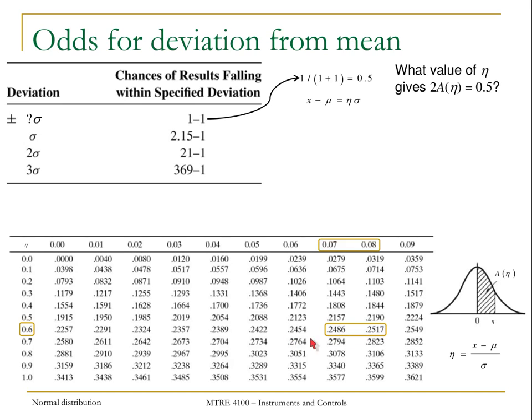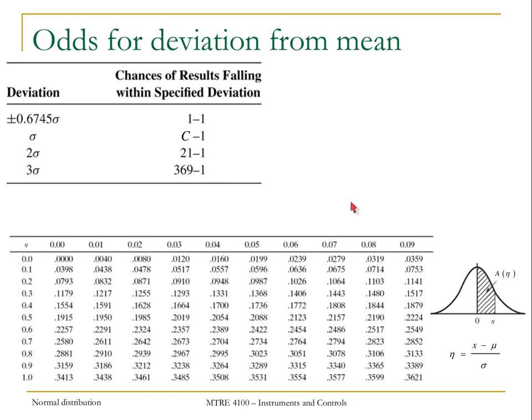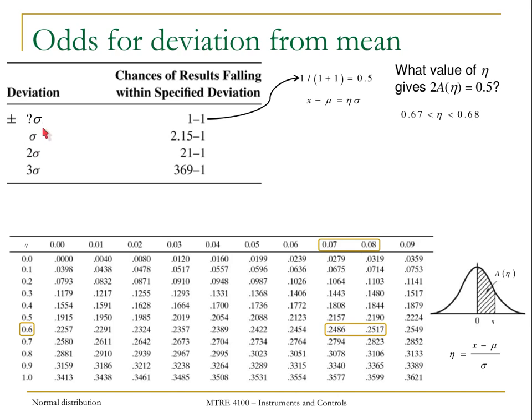That means that eta is between 0.67 and 0.68. We'll use linear interpolation to find a close estimate for the value eta, and we come up with 0.6745. So that's how we use the integral table if we know the probability that we're interested in.